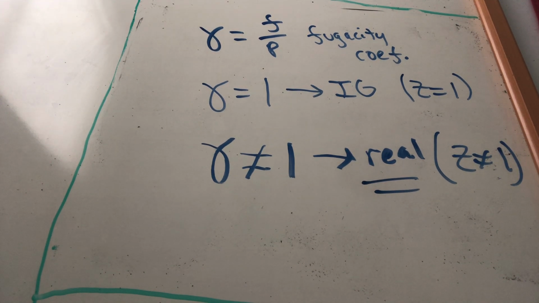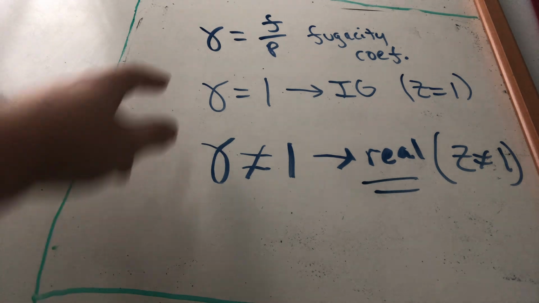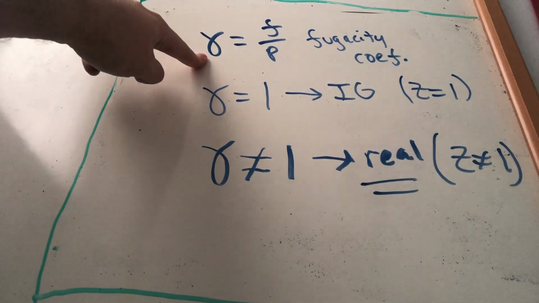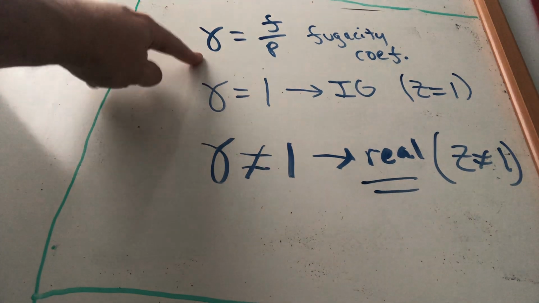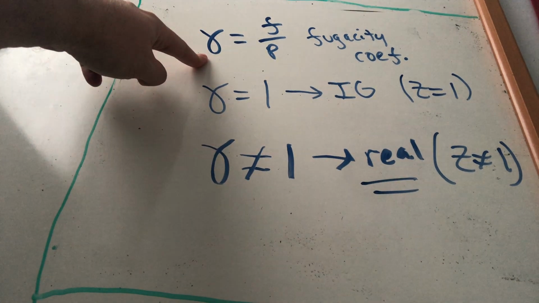So fugacity takes into account real gas behavior while keeping the mathematical forms of G consistent, okay? That is why we call it an effective pressure, because it fits in the same spots that pressure does, but it does so for a real system. The fugacity and the fugacity coefficient, even more directly, is a measure of deviations from ideality.